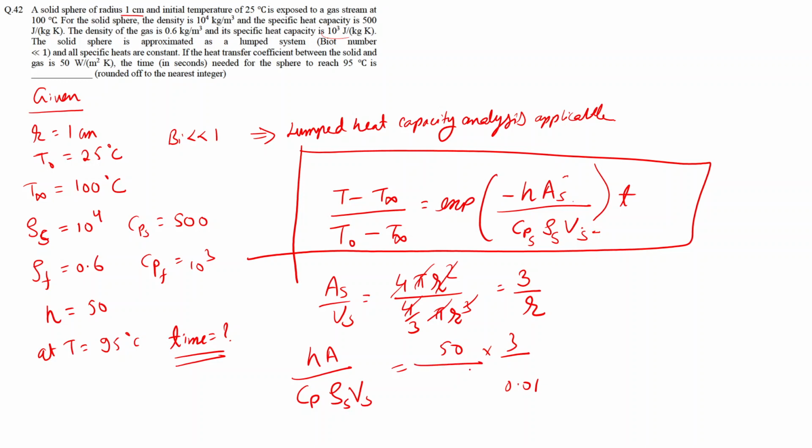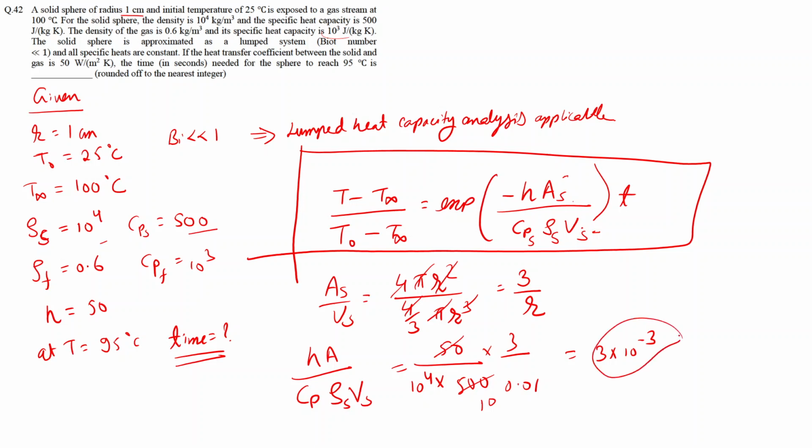Cp of solid we have been given as 500 and the density we have been given as 10 raised to 4, so that will be 10 raised to 4 into 500. Okay, so we can simplify this and this entire term will be equal to 3 into 10 raised to minus 3.